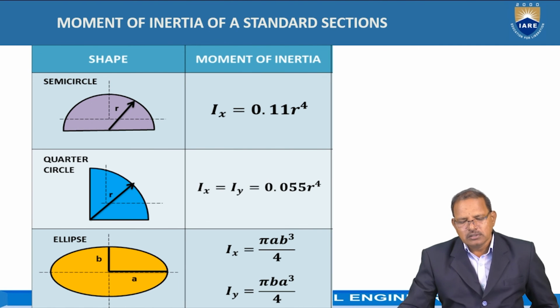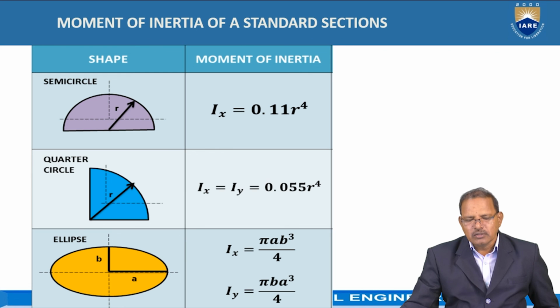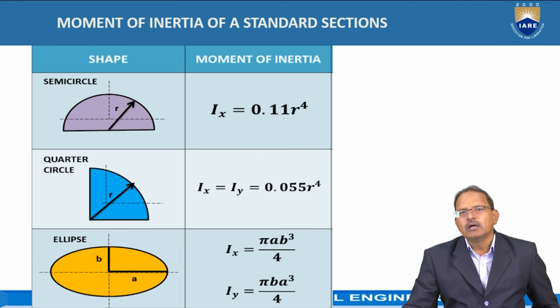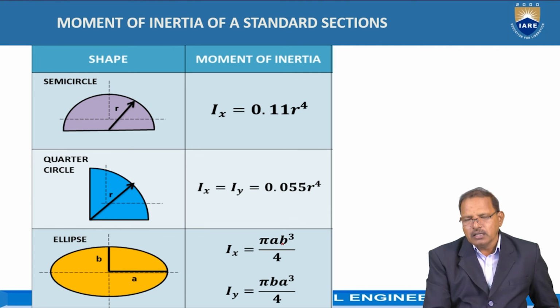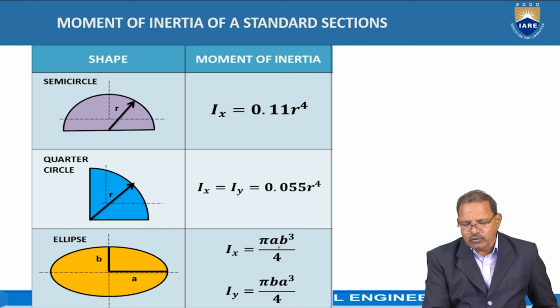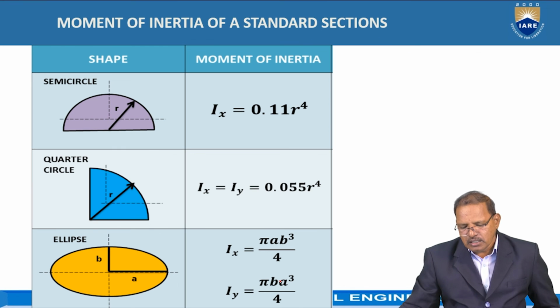For the semicircle, it is equal to 0.11 r to the power of 4. Similarly, for the quarter circle, 0.055 r to the power of 4. And for the ellipse, it is equal to pi a b cube divided by 4 about its x-axis, and about the y-axis it is pi b a to the power of 3 divided by 4.